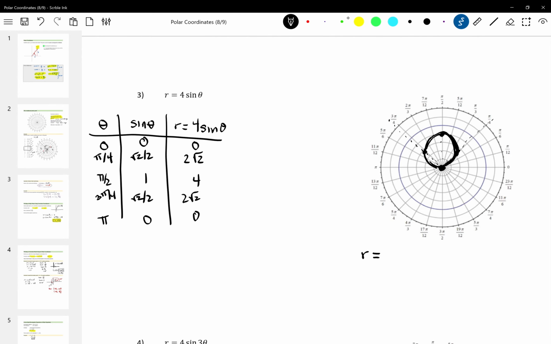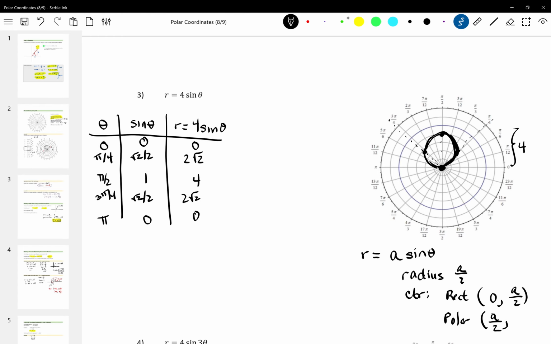So if I want to generalize, r equals a sine theta is going to have, again, a radius of a over 2, because notice, the diameter of the whole circle is 4, which means the radius is 2, and that means the center is at, well, if I do rectangular coordinates, the center would be 0, comma a over 2, but in polar, since that center is along the positive y-axis, r would be a over 2, and the angle would be pi over 2.